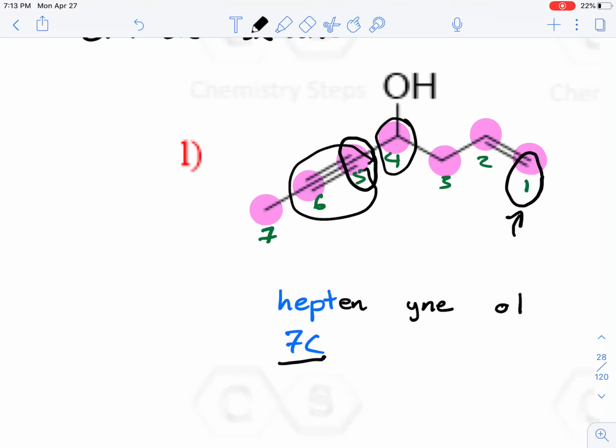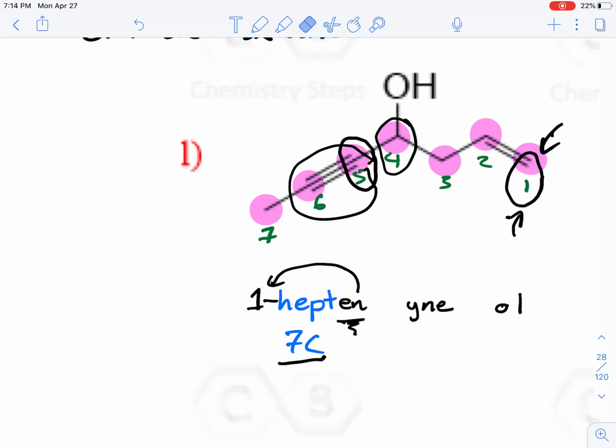And so for the double bond, the en, that's on carbon 1. So I'm going to put 1-hepten to describe the location of the triple bond, or not so much location, but where it starts. It's going to start on carbon number 5.